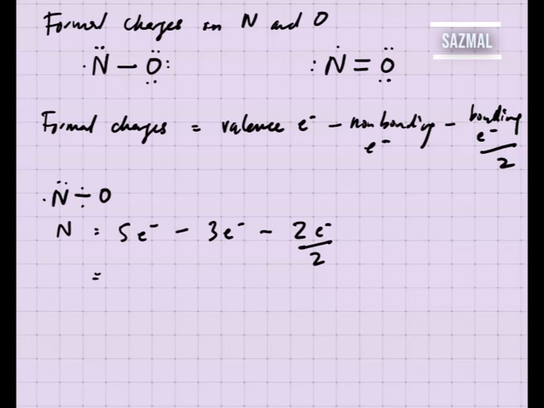So we've got +1 here. The nitrogen will have +1. For oxygen, it will have 6 valence electrons minus 6 non-bonding electrons minus 2 bonding electrons over 2. So oxygen will have -1.